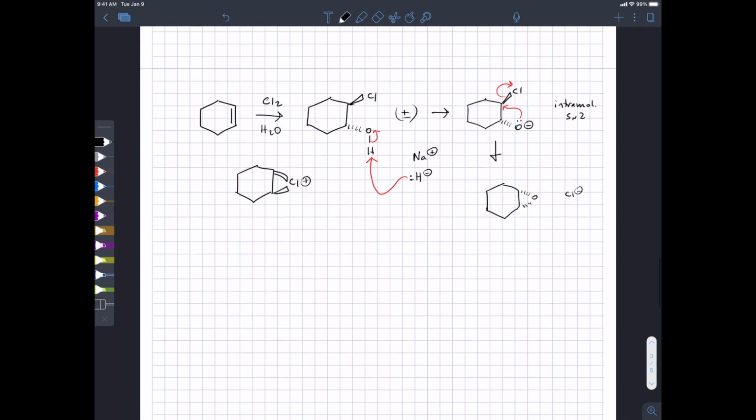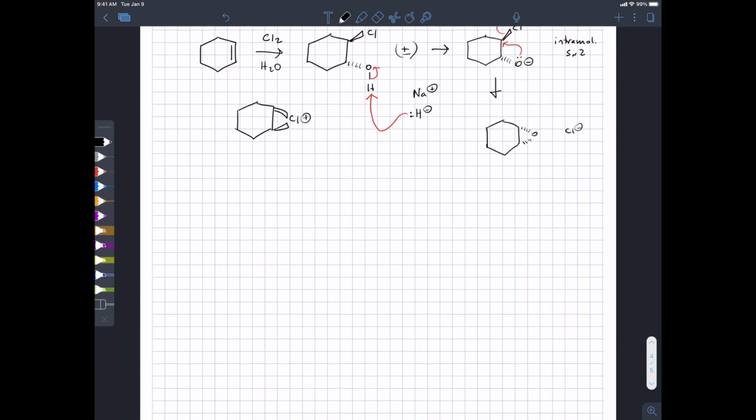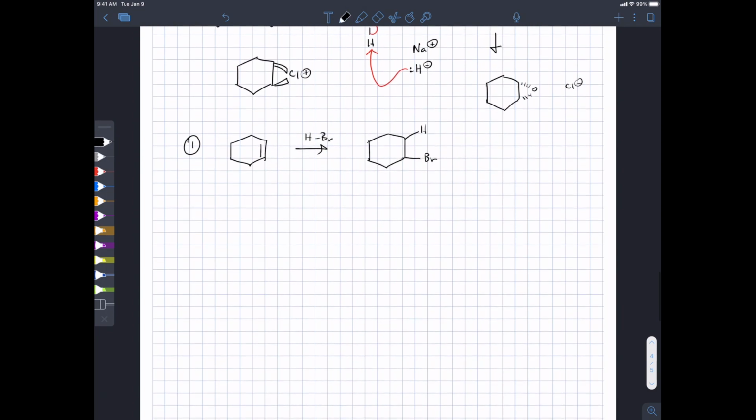So let's look at the reactions that we've done so far. We did hydrohalogenation, which was adding HBr. We learned that this reaction goes through a carbocationic intermediate. We learned that the reaction is regioselective to having the Br end up on the more substituted carbon.